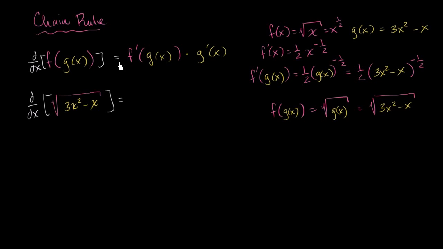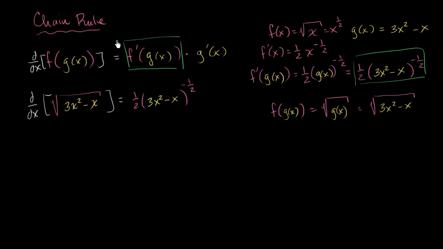What we're trying to solve right over here, f prime of g of x, we've just figured out is exactly this thing right over here. So the derivative of the outer function with respect to the inner function is equal to 1/2 times g of x to the negative 1/2, with g of x being 3x squared minus x. This is exactly this based on how we've defined f of x and how we've defined g of x.